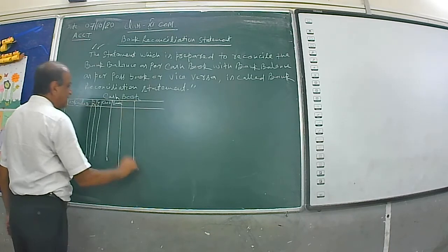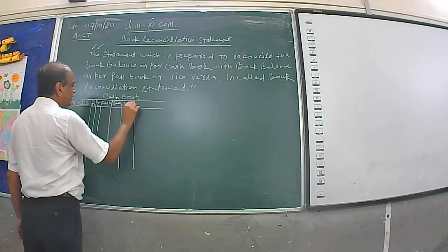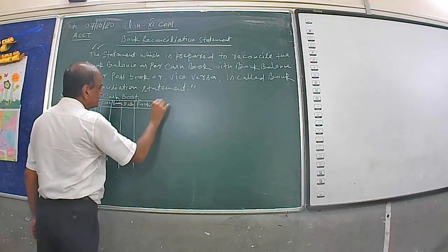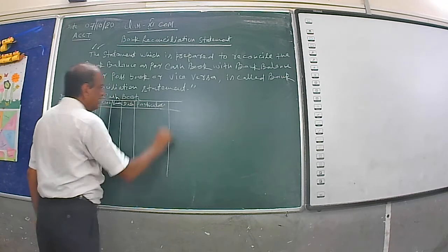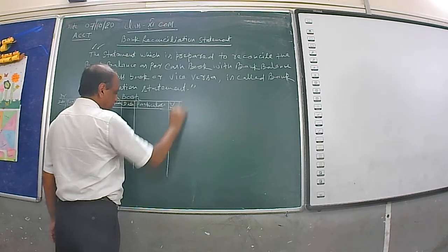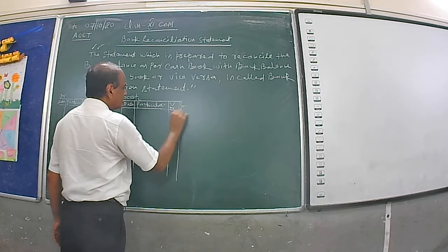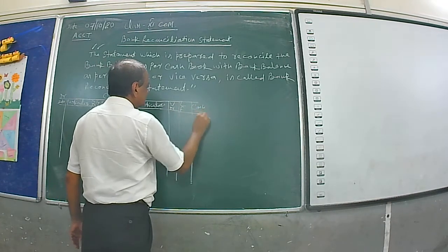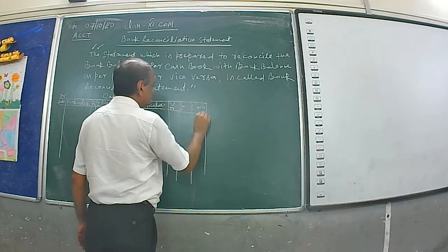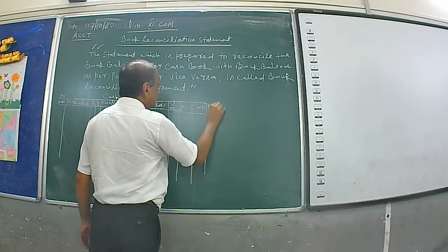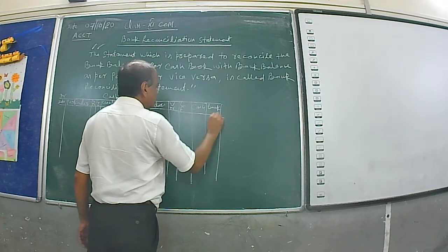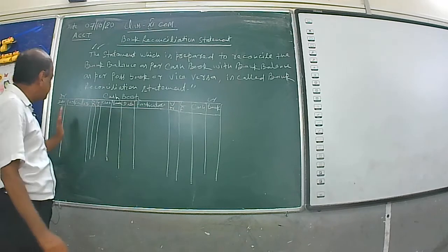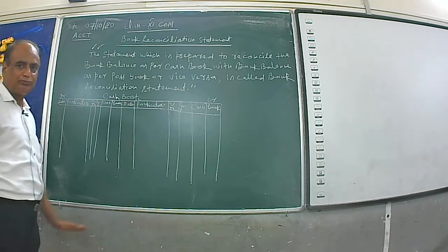Similarly, in the credit side, first column date, particulars, the next column will be voucher number, then ledger folio, next cash column, and next will be bank column. So there are two sides in cash book, debit side and credit side. This is the format of cash book.